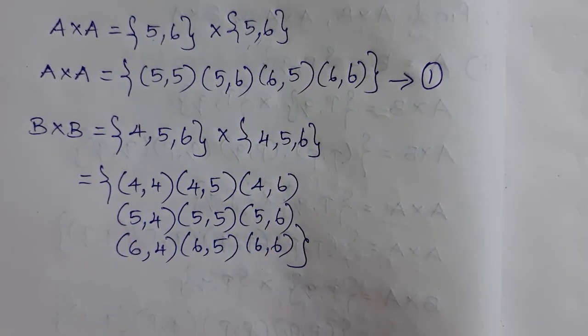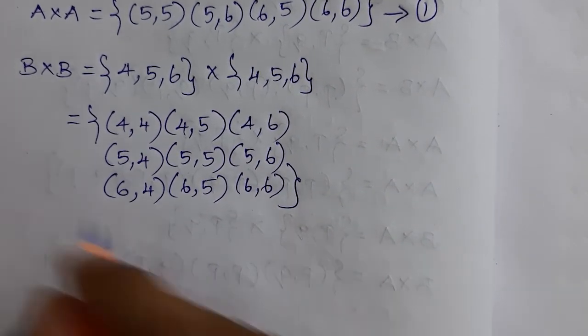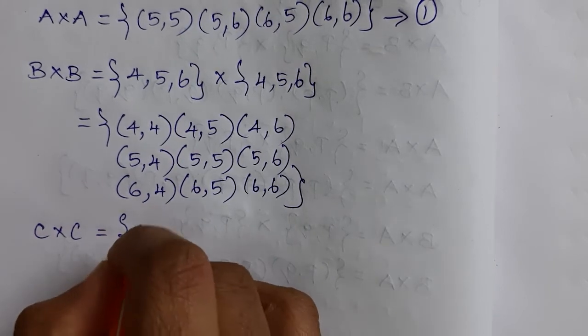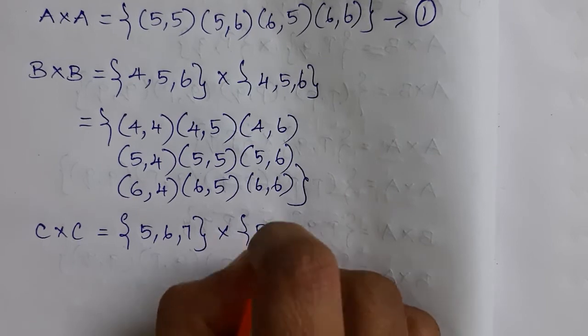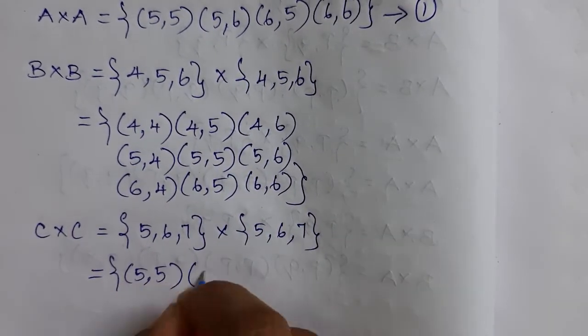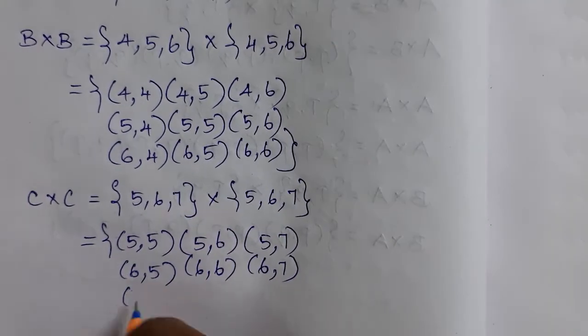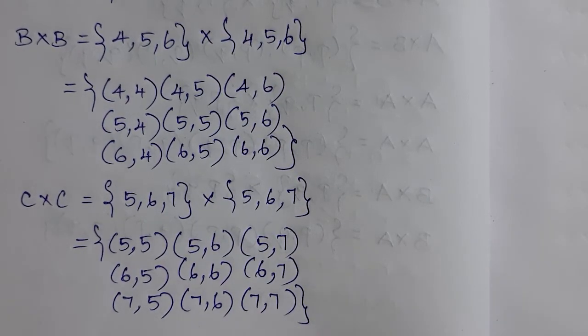These are the elements of B cross B. The same way, next we have to find for C cross C. C is 5, 6, 7 cross 5, 6, 7. So we have found C cross C as well.